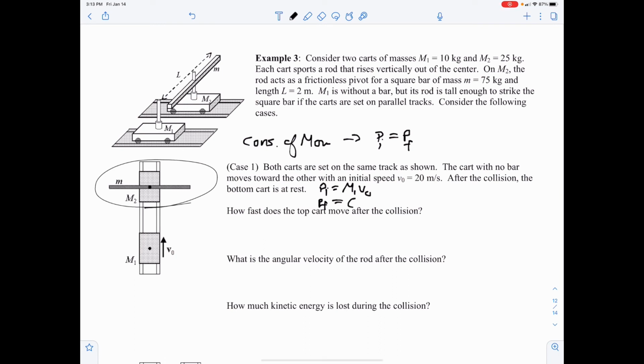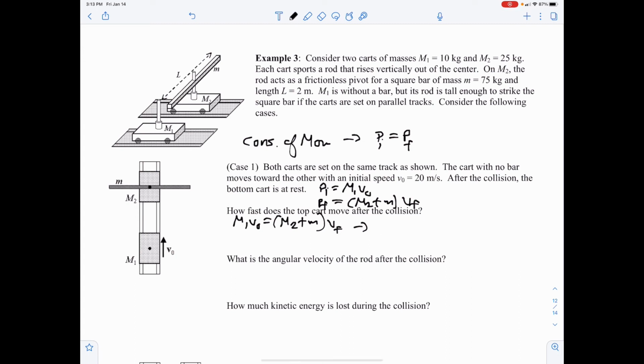But there's two masses on the bottom cart. There's the mass of the cart itself plus the mass of the bar, times the final speed at which it's traveling once it's hit. Because remember, this cart stops after collision. Set those two equal to each other, and we have m1 v naught equals m2 plus m times v final.